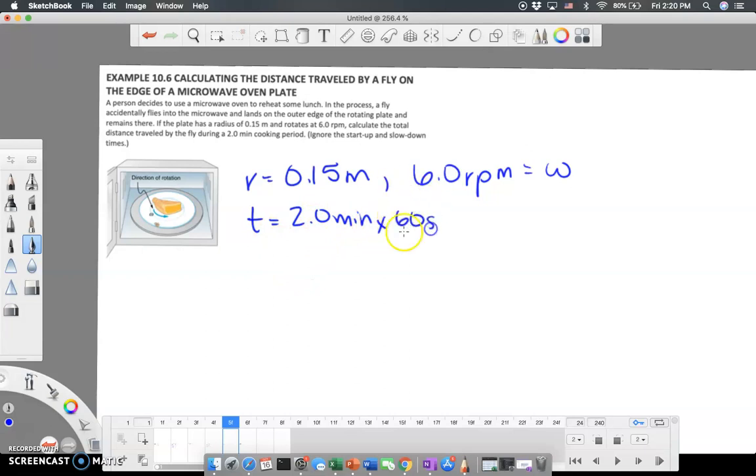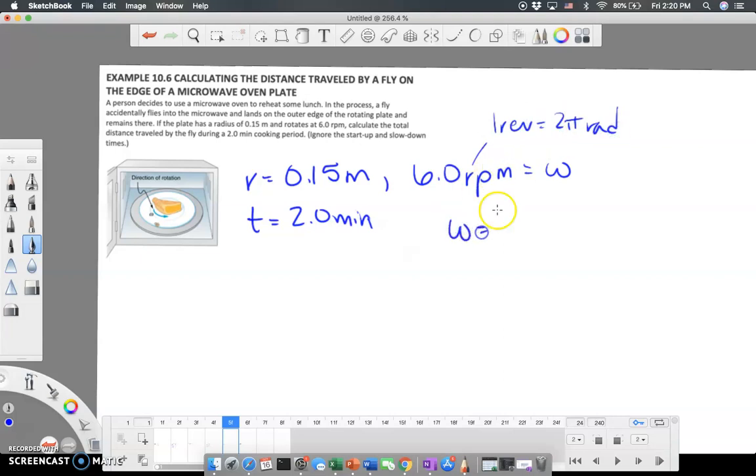There's 60 seconds in a minute. Well, actually, this is rotations per minute, so that might actually be okay. For total distance, one rotation, or one revolution, is 2 pi radians.